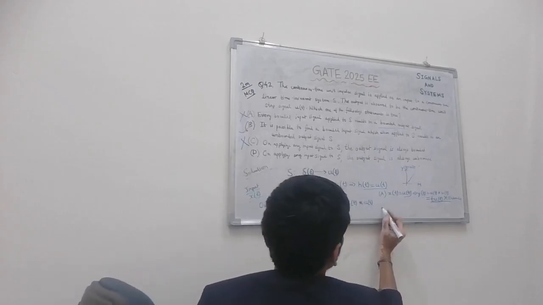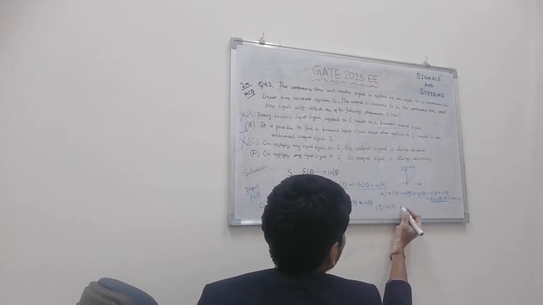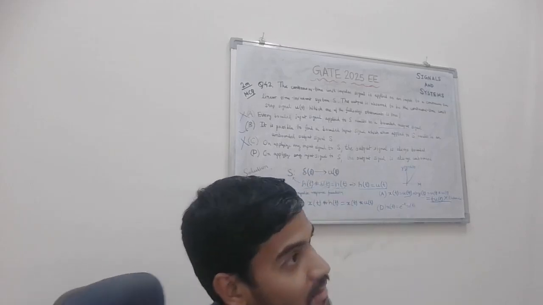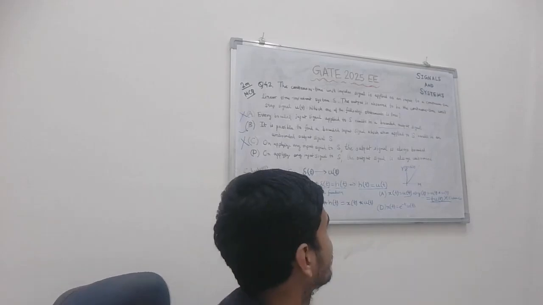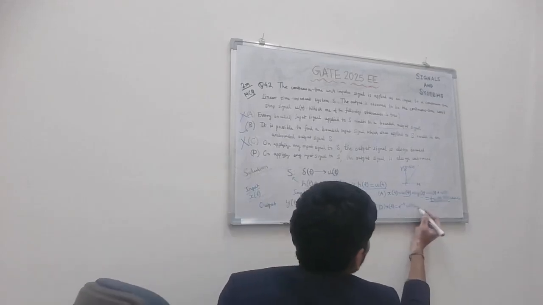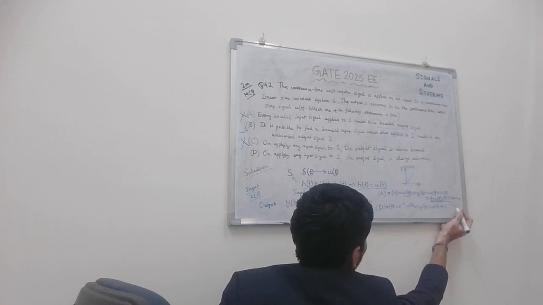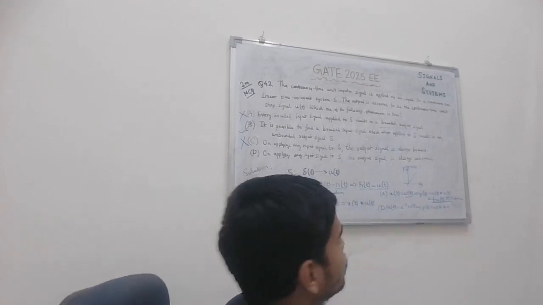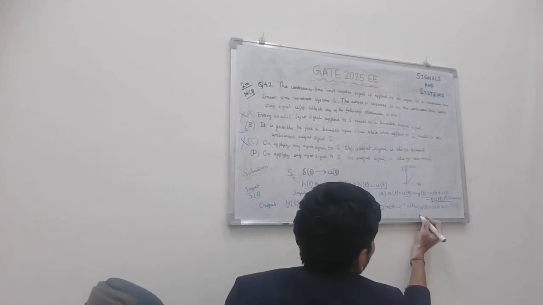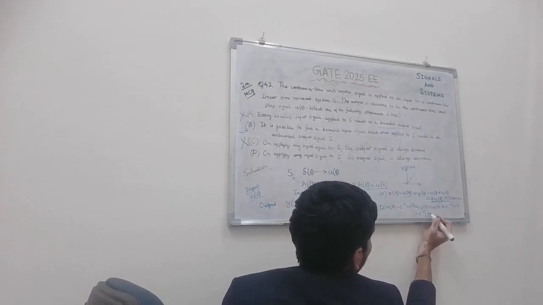Let's take another case for verifying option D. Let's take the input as the decaying exponential signal e to the power minus t u of t, starting from t equal to 0. In this case, y of t is the convolution of u of t with e to the power minus t u of t. To calculate it, we take the Laplace inverse. The Laplace transform of u of t is 1 by s and of the exponential is 1 by s plus 1.